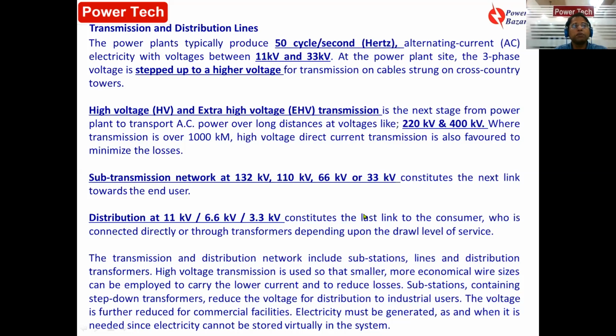But for transmission, to have reduced voltage drop, reduced I square R loss, to have an efficient system, we transmit the power supply at a higher voltage. So generation, transmission, and distribution. Distribution is an 11 kV or 6.6 kV system.